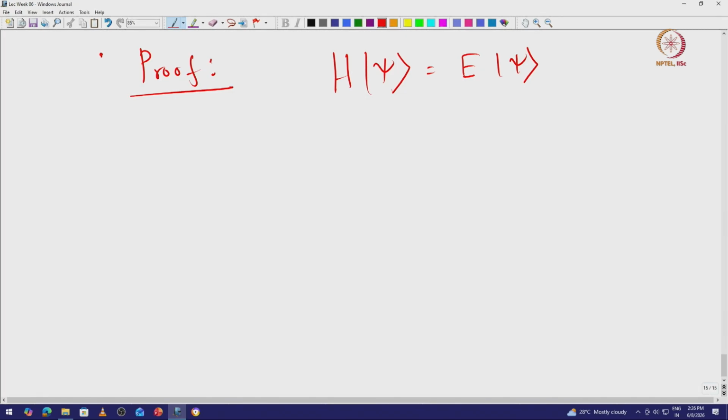Now, if I multiply by a general operator O, which can be anything, unitary or anti-unitary with O square equal to plus or minus 1, right now I am taking it to be general.